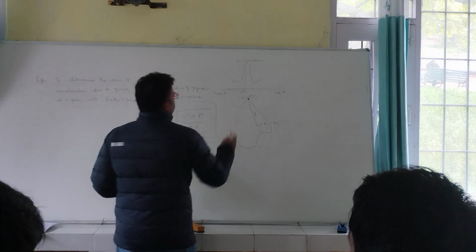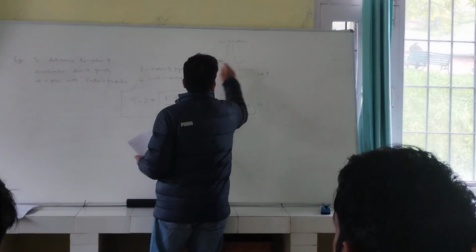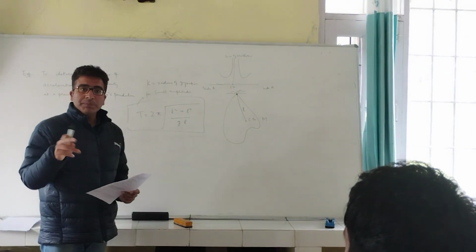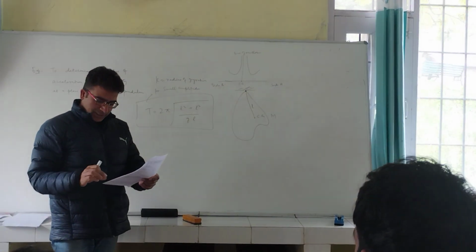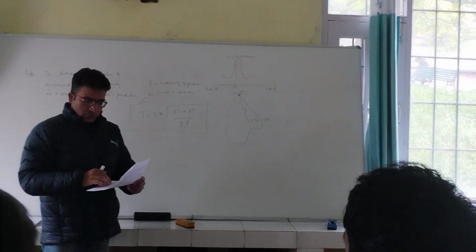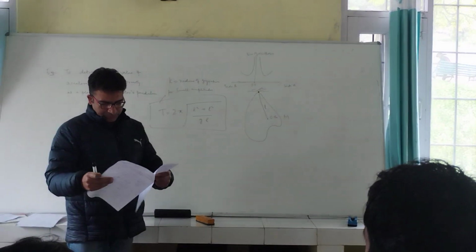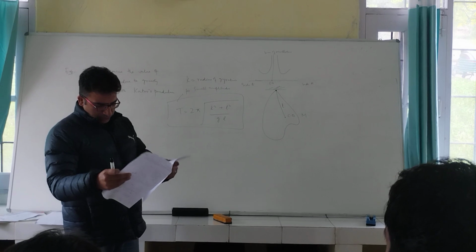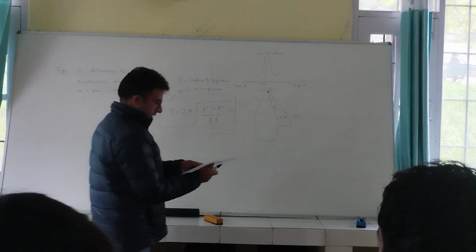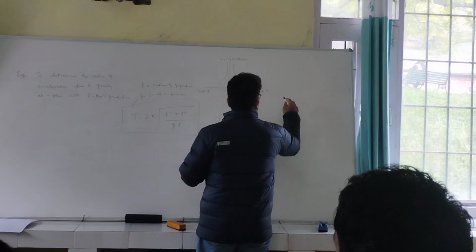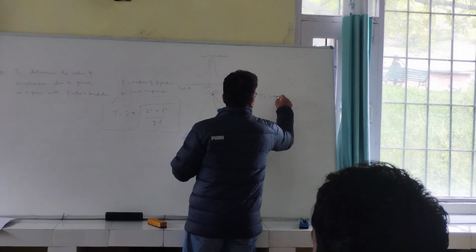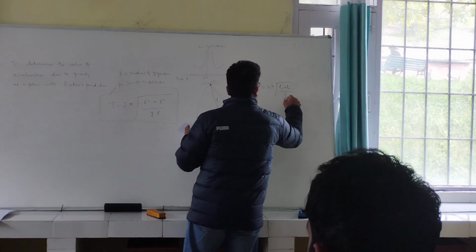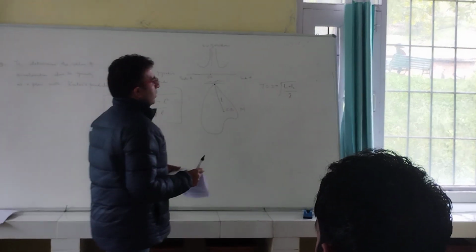Then we found from the graph the center of oscillation and center of suspension, and used that formula for acceleration due to gravity. First we found L1 plus L2. This formula: T is 2 pi under root of (L1 plus L2) by g.